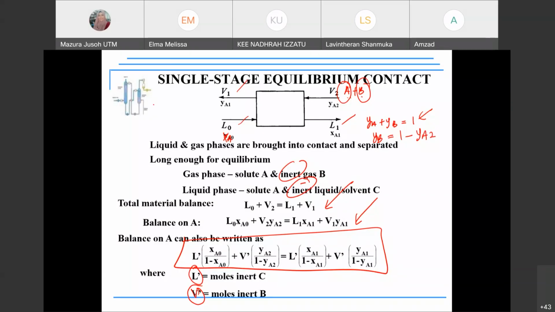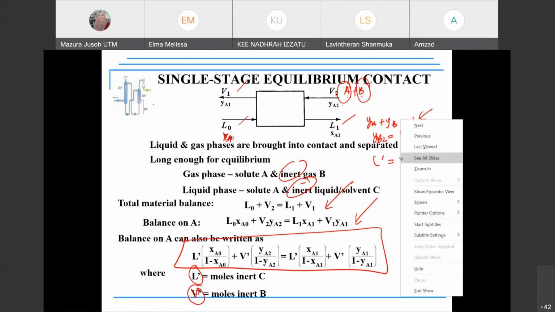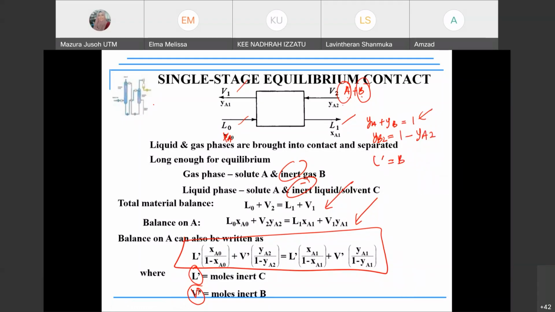So to get YB2, it's 1 minus YA2. So in terms of the flow rate, if L prime is the flow rate of A, flow rate of B. All right.